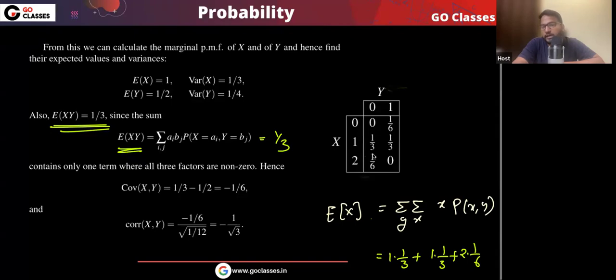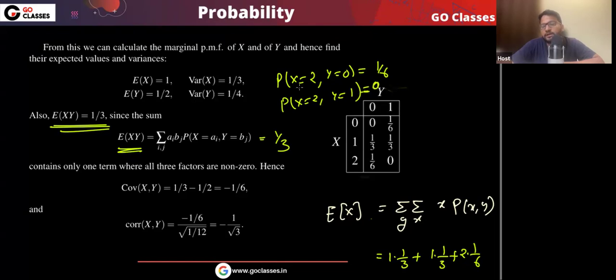As you can see here, if X is 2, the probability that X is 2 and Y is 0 is 1 by 6, and the probability that X is 2 and Y is 1 is 0.